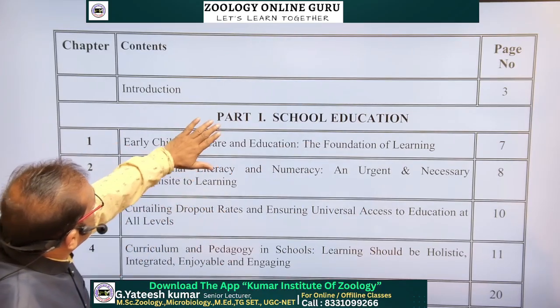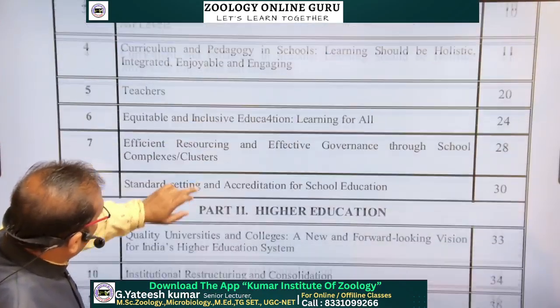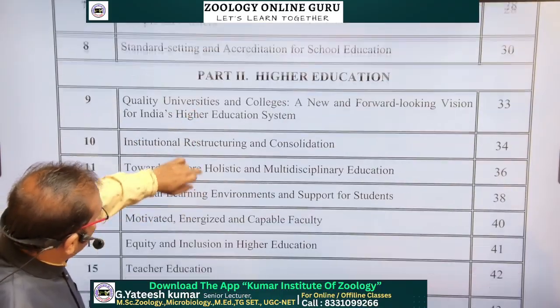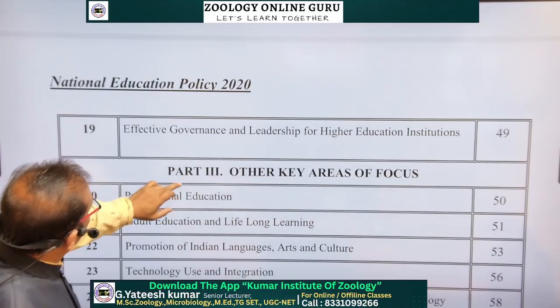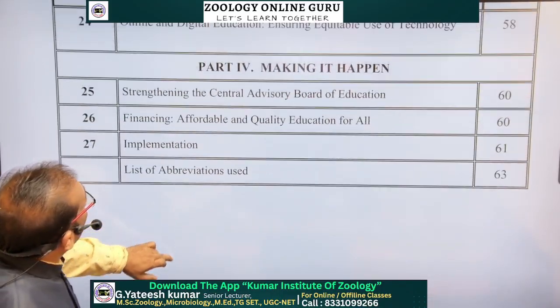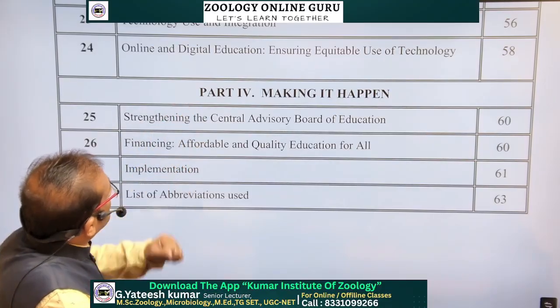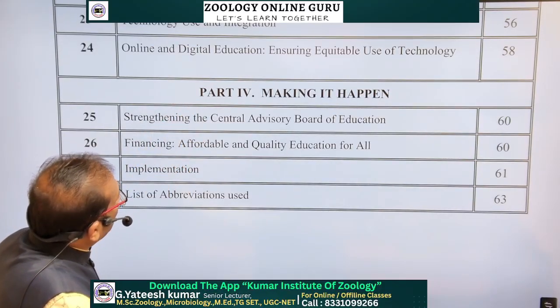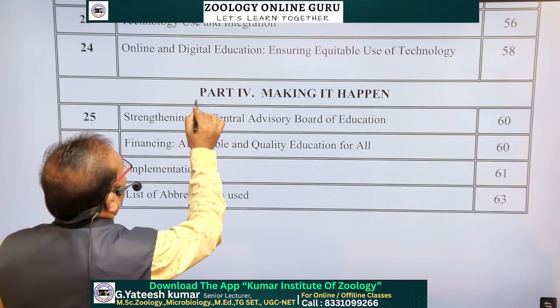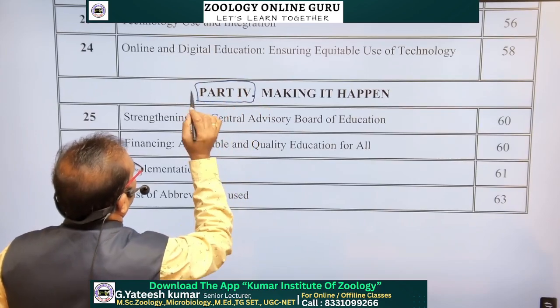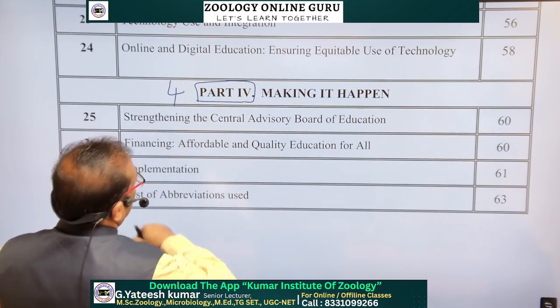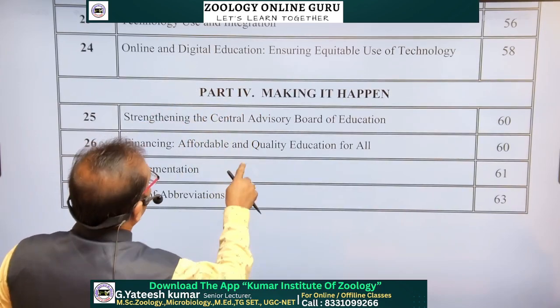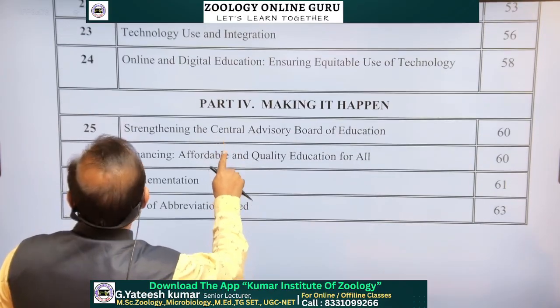First of all we'll see part 1, part 2, part 3 and part 4. The total parts present in the main document of NEP 2020 are 4 parts. Now we will discuss the chapters.